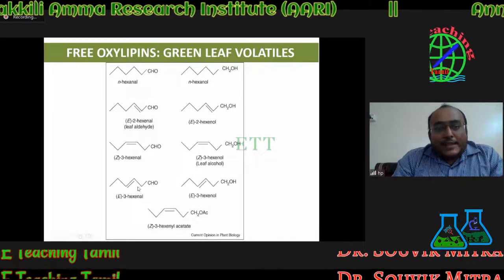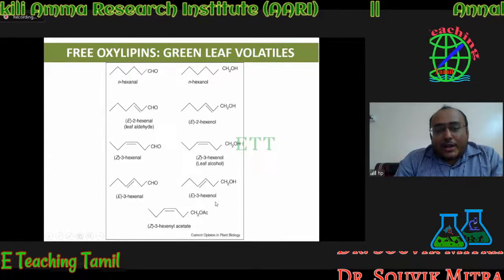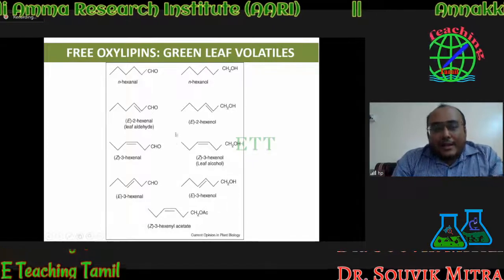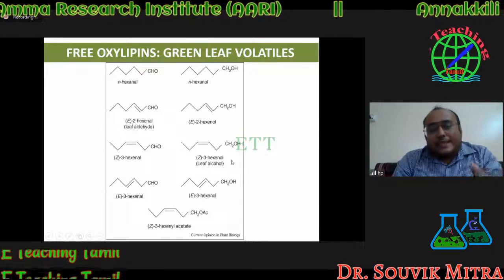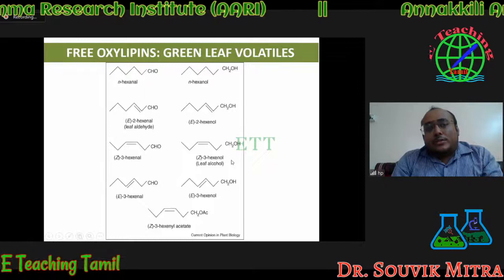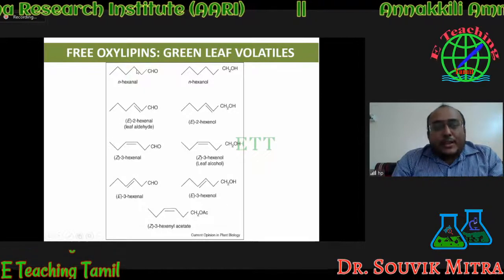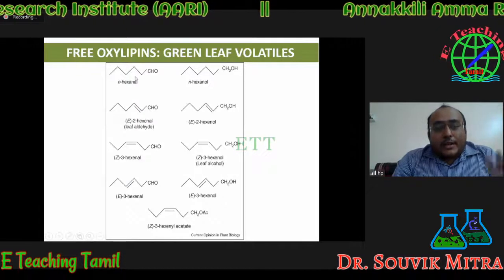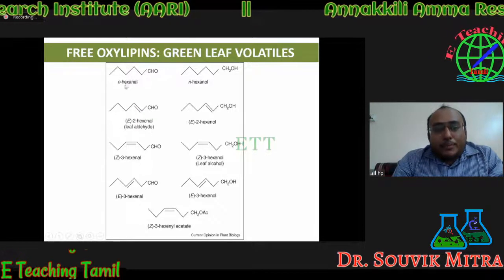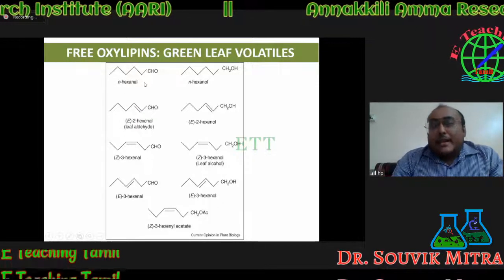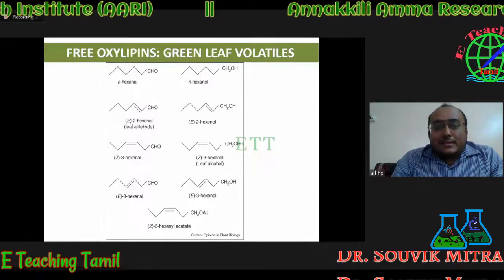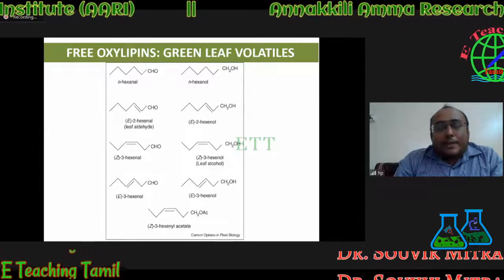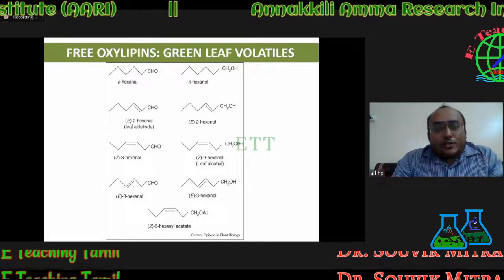Here I have given the structures of some of these low molecular weight volatile compounds. These will also be considered oxylipins. Here I have given some 6 carbon compounds. There can be 6 carbon aldehydes, and obviously 5, 7, 8 and 9 carbon aldehydes can also be there.